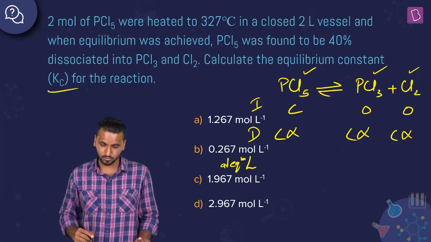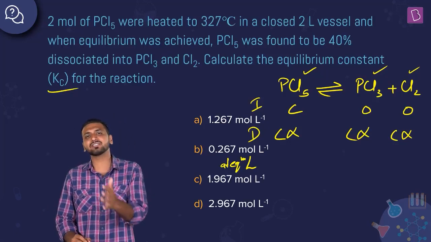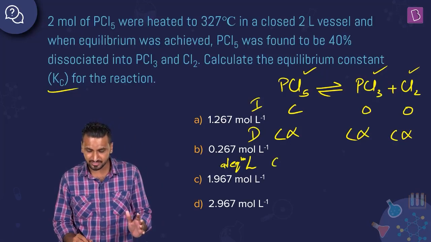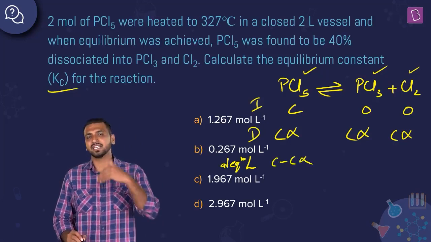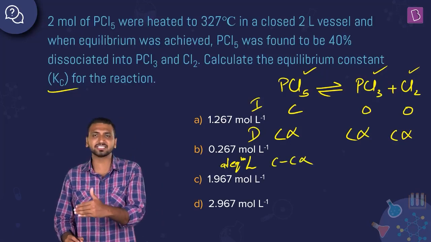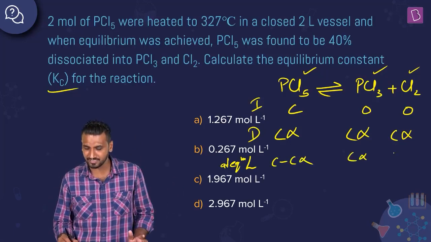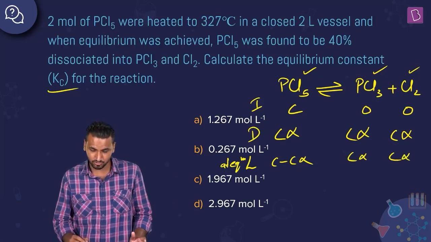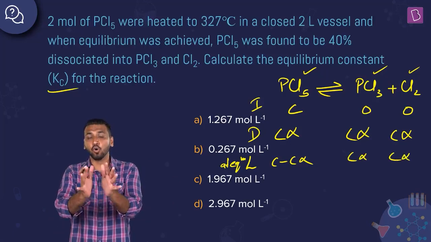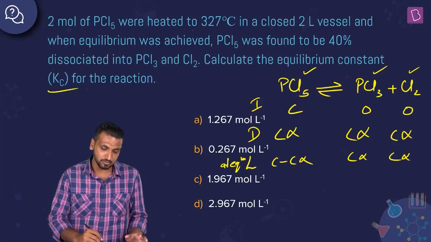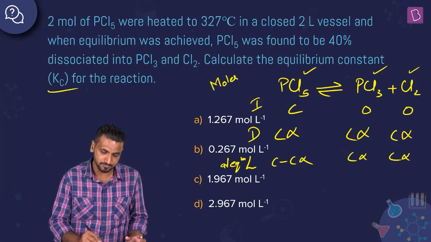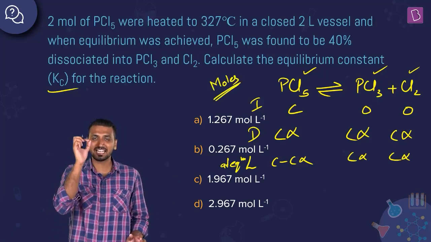So if C was there and C alpha got dissociated, what is left is C minus C alpha. Initially PCl3 and Cl2 were not there; C alpha was formed, and finally we have C alpha, C alpha. See, this whole scenario is in terms of moles. That's the catch point.